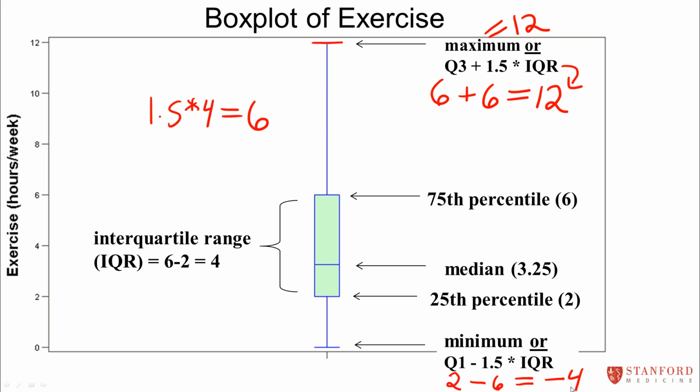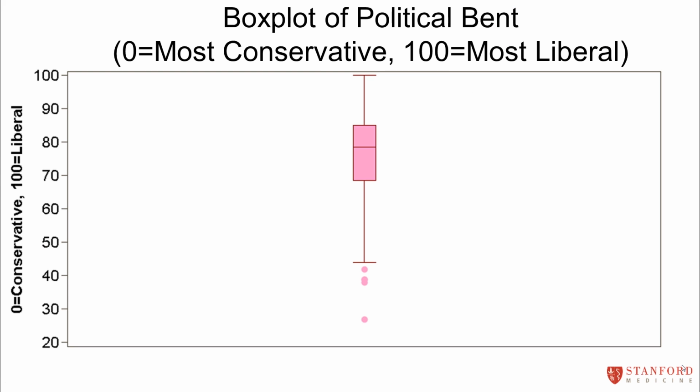So this boundary would occur at -4, but of course we can't have -4 hours of exercise per week, so this whisker will occur at the minimum, which is 0. There were some students who didn't do any exercise per week, so we put the whisker at the minimum. So in this box plot of exercise, the whiskers just represent the minimum and maximum values. We're going to see in the next slide that sometimes the whiskers will represent this other quantity.